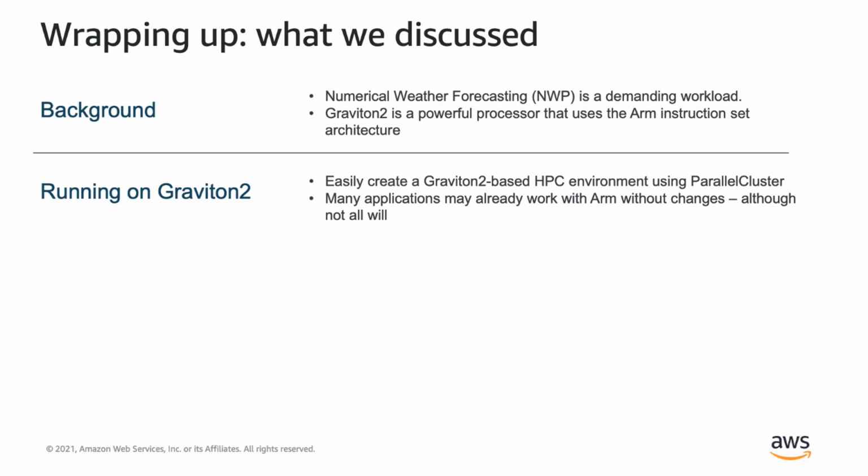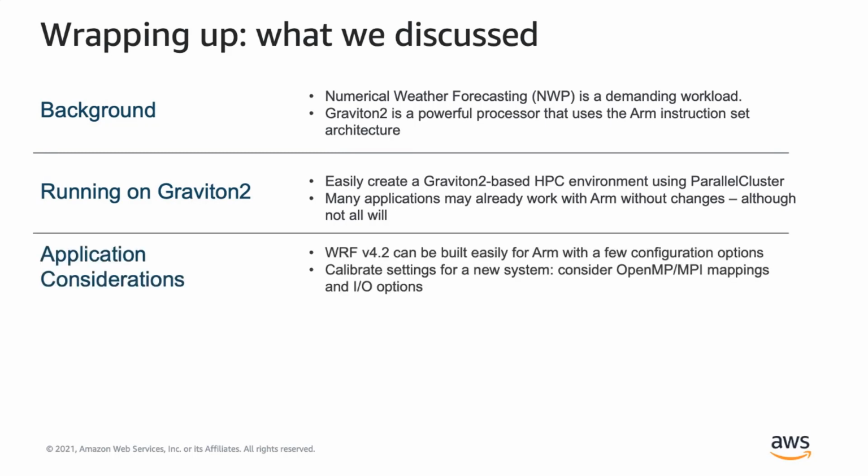Running on Graviton2 can easily be done using ParallelCluster to create an elastic HPC environment. Many applications may already work with ARM, but again, some might not. Some might not because they use specific x86 instructions, or they might just have a bug in it that hasn't been fixed because they haven't seen it on an x86 platform.